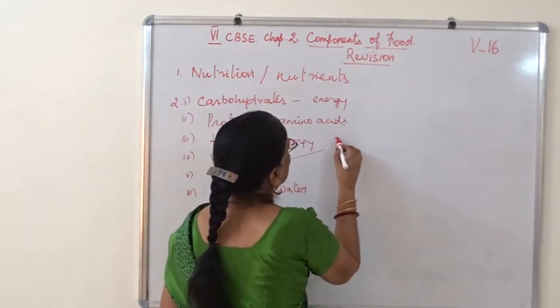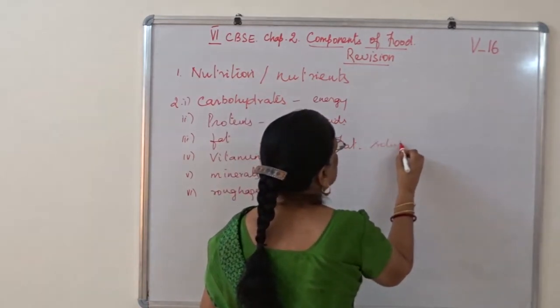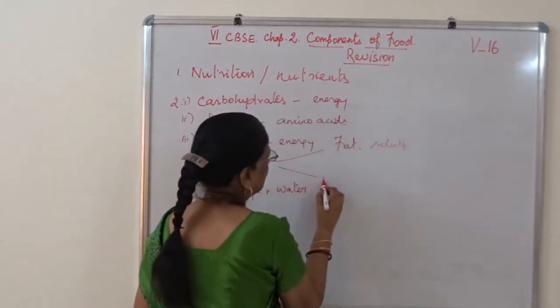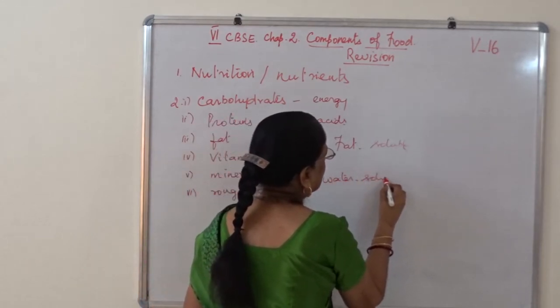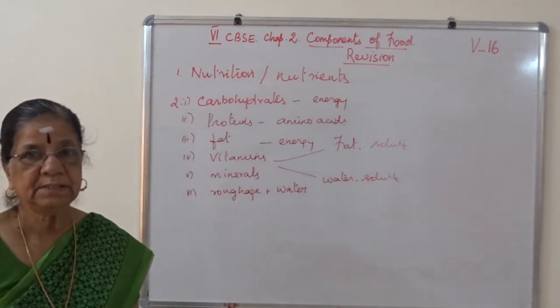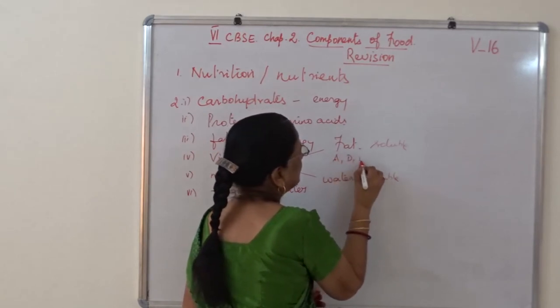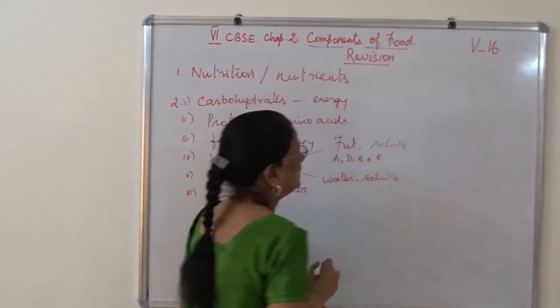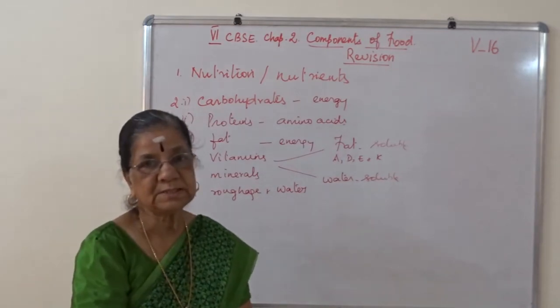Vitamins A, D, E and K are fat soluble vitamins. What does it mean?